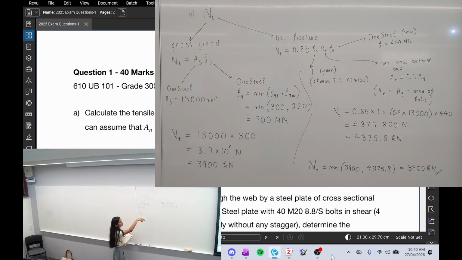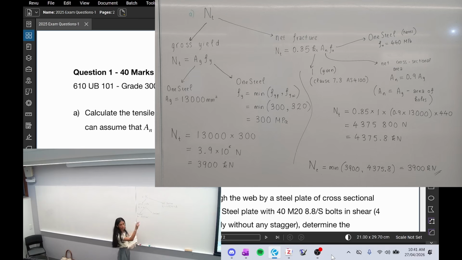If you look up the 610 UV 101 on the UV page, you can find that A_G for our section is 13,000 millimeters squared. That's easy. Then F_y you can also find from OneSteel.